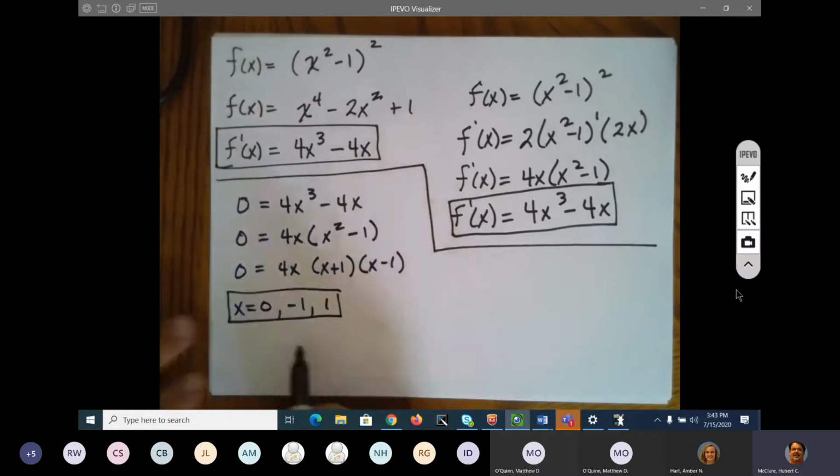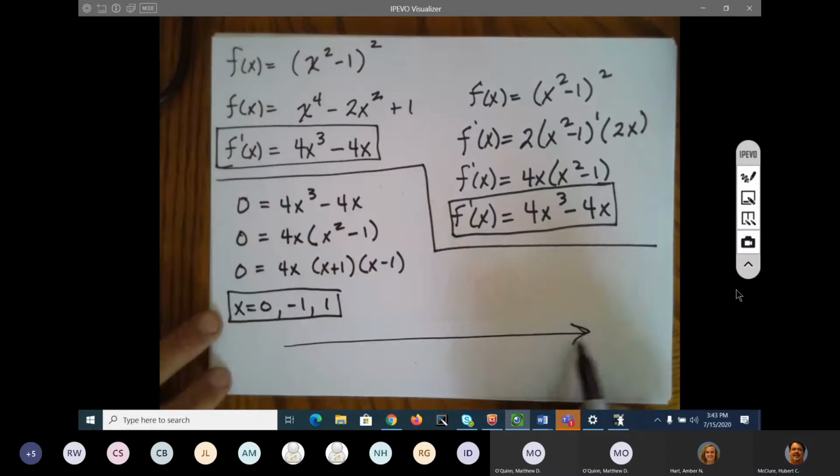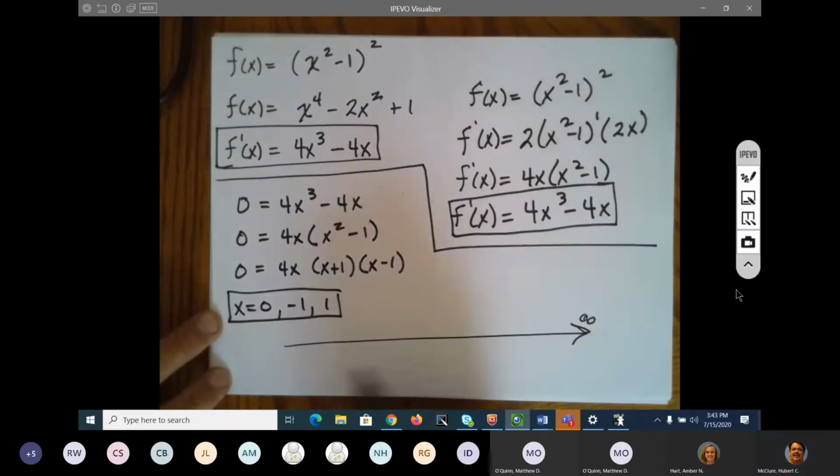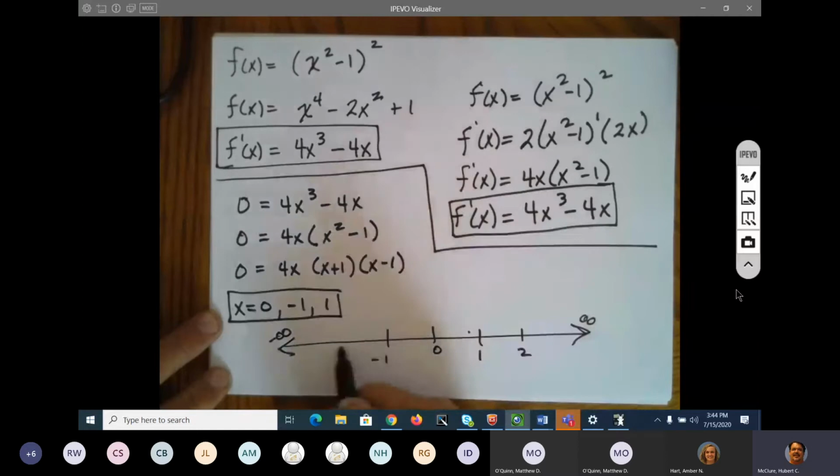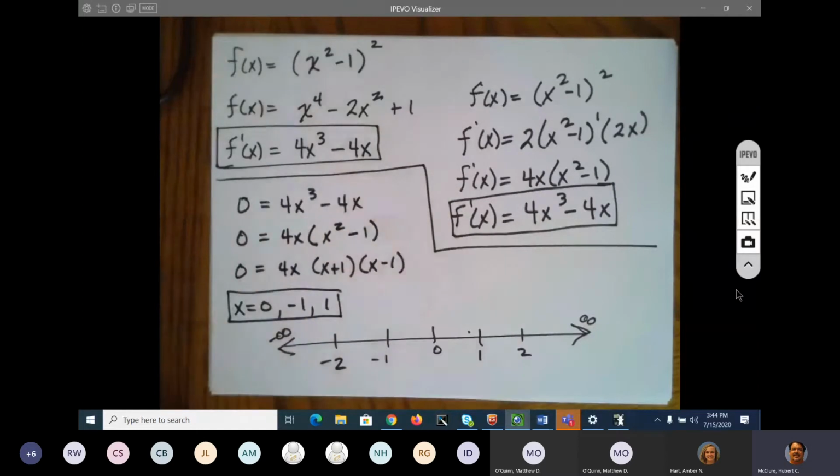Number line: positive infinity, negative infinity, 0, 1, positive 1, 2, negative 2. And I'm going to highlight my critical values. The reason you need to highlight your critical values is so you know which numbers to pick.